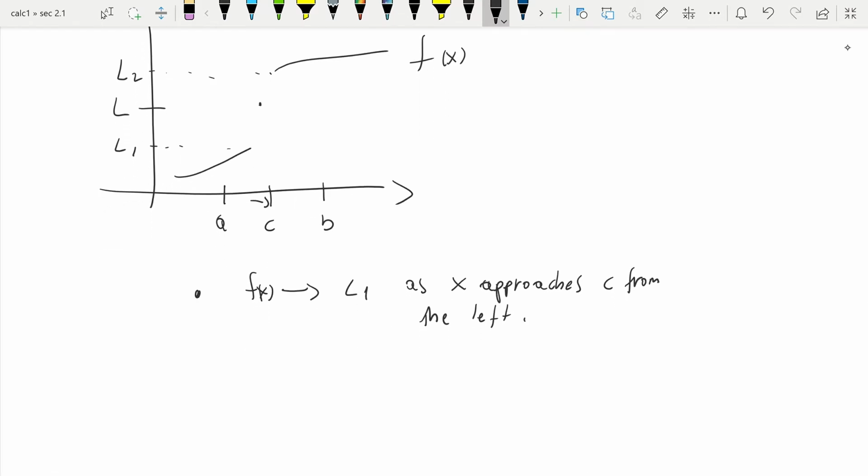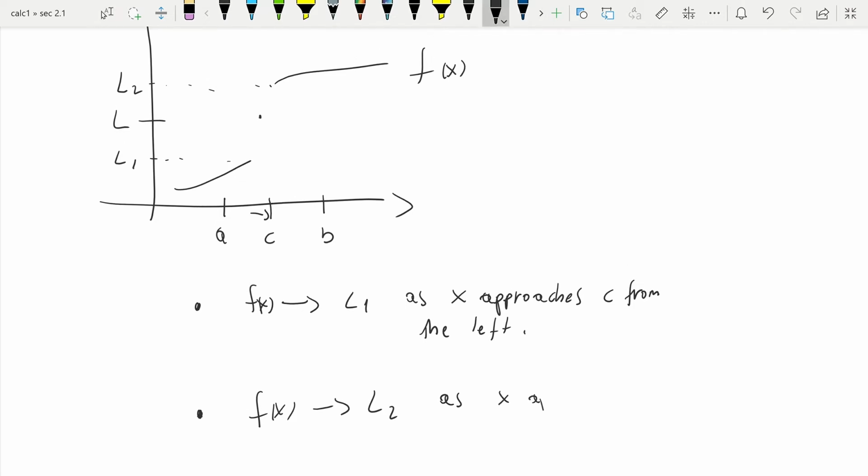Similarly, we can see that f of x approaches L2 as x approaches c from the right.